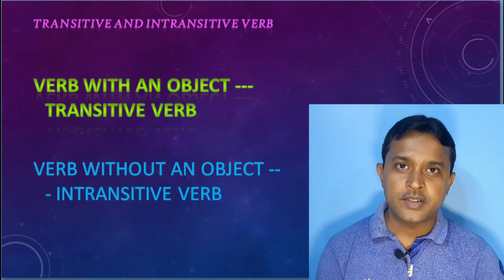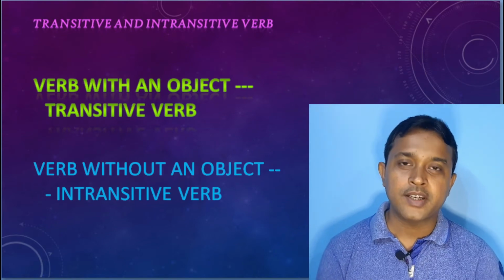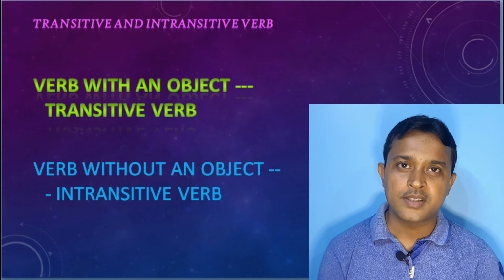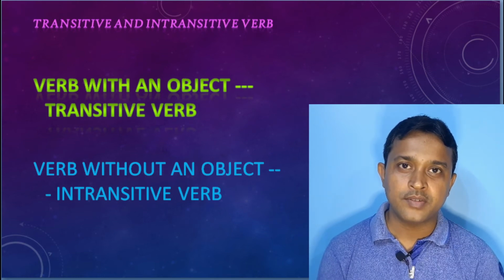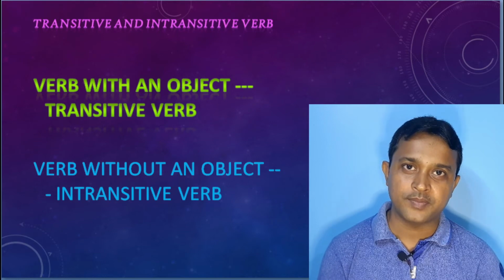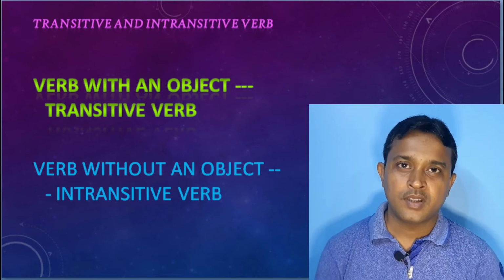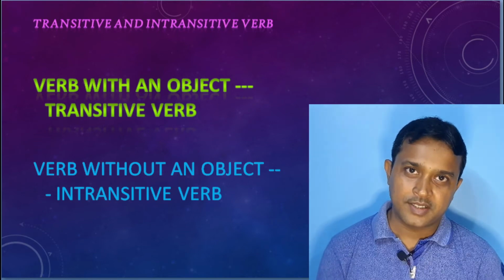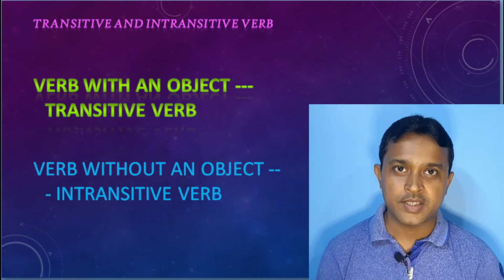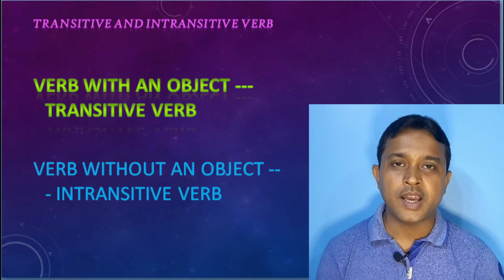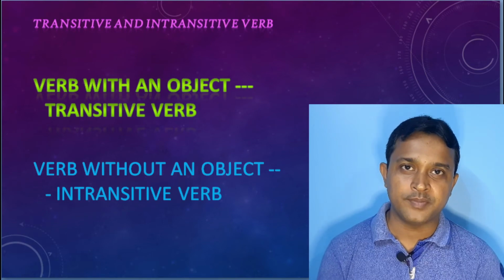The presence of an object in a sentence determines whether the verb is a transitive or an intransitive one. What is an object then? An object is a word or a phrase that receives the action of the verb.